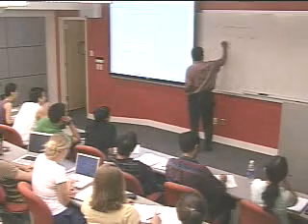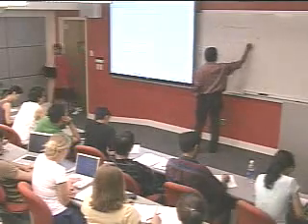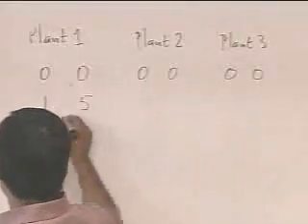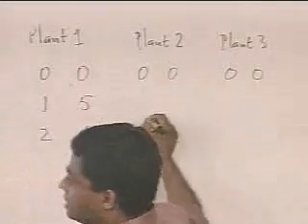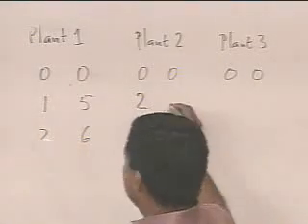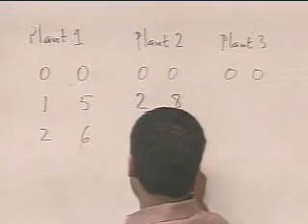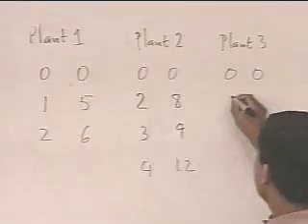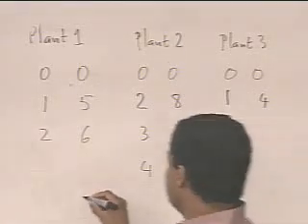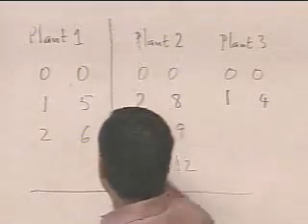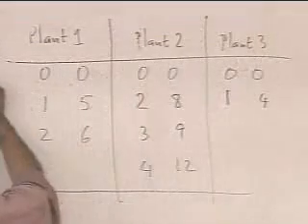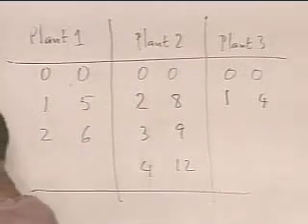So the first proposal is 0, 0, 0, 0, 0, 0. The second proposal is 1 and 5, 2 and 6. This guy has proposals 2, 3, and 4 with gains 8, 9, and 12. And this guy has a cost of 1 and 4. So this is the cost matrix. And we have arbitrarily labeled these different proposals as 1, 2, 3, and 4.